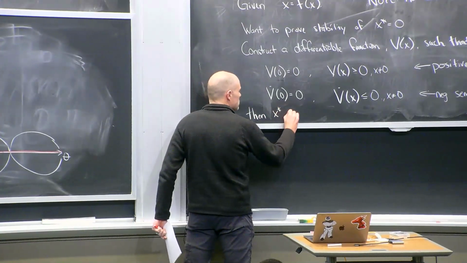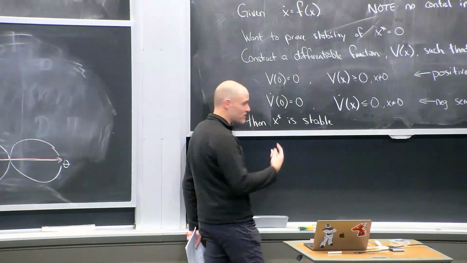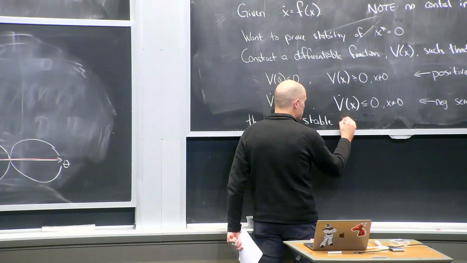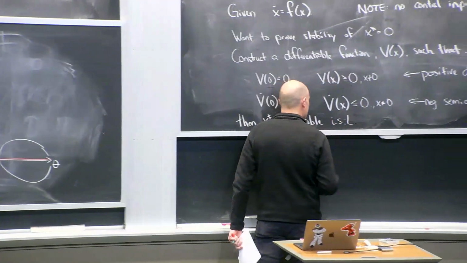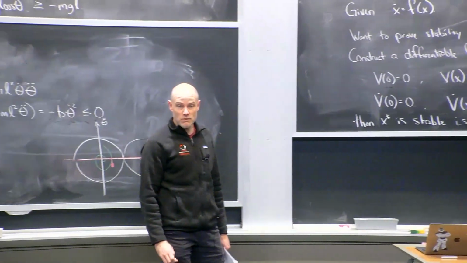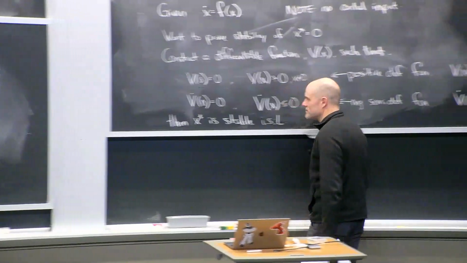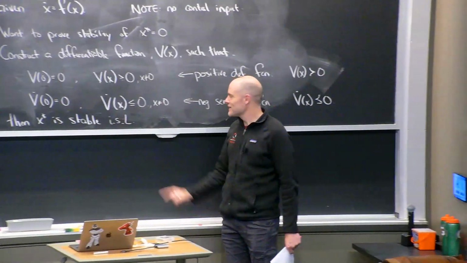X star is stable. Remember, we had a bunch of definitions of stability in the lecture that I didn't get to give, but they're in the notes in what you read: stable in the sense of Lyapunov. That's not a coincidence.